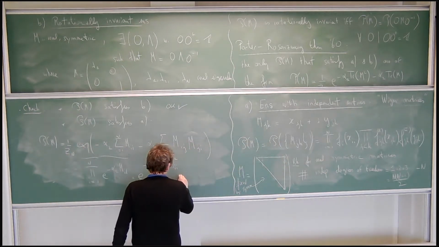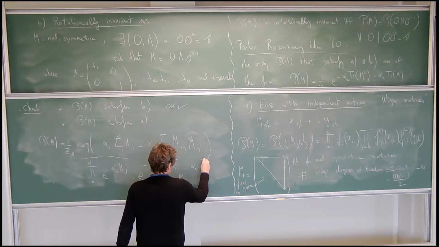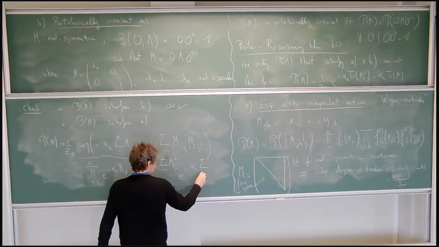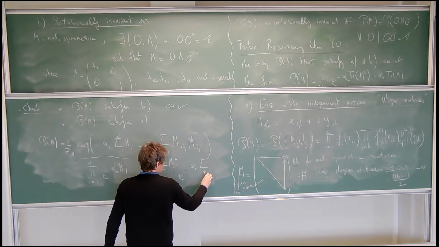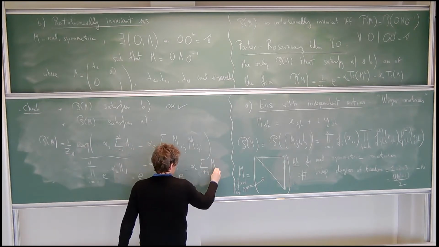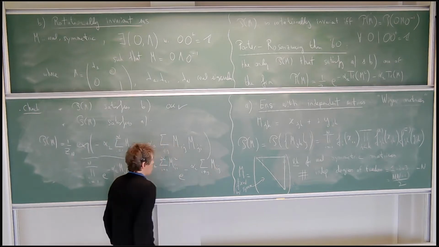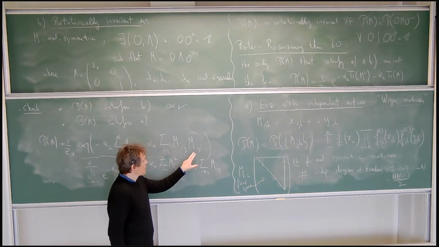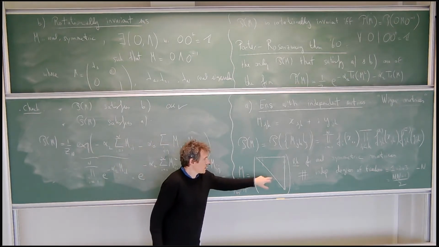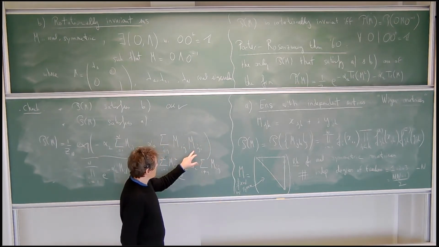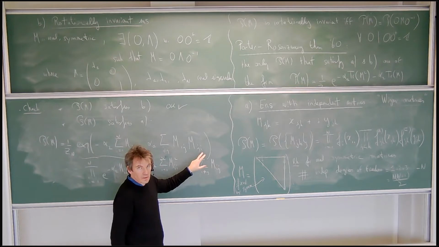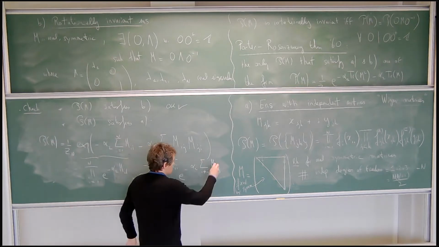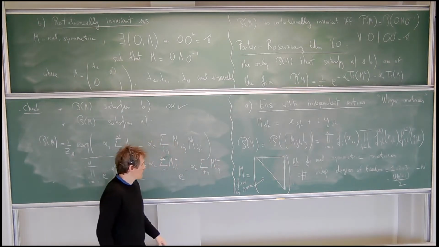And then the other one will be the sum over i not equal to j of Mij times Mji, but I can now use this property, which tells me that Mji is equal to Mij for i not equal to j. So that's actually just a square.